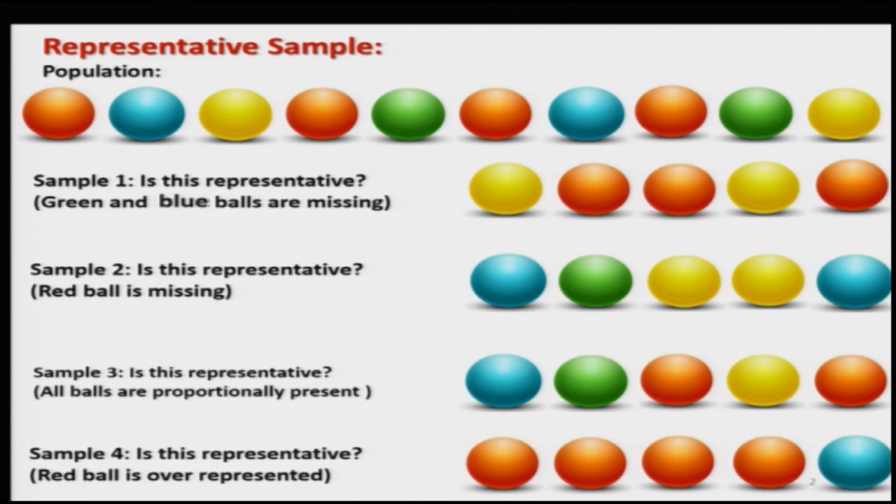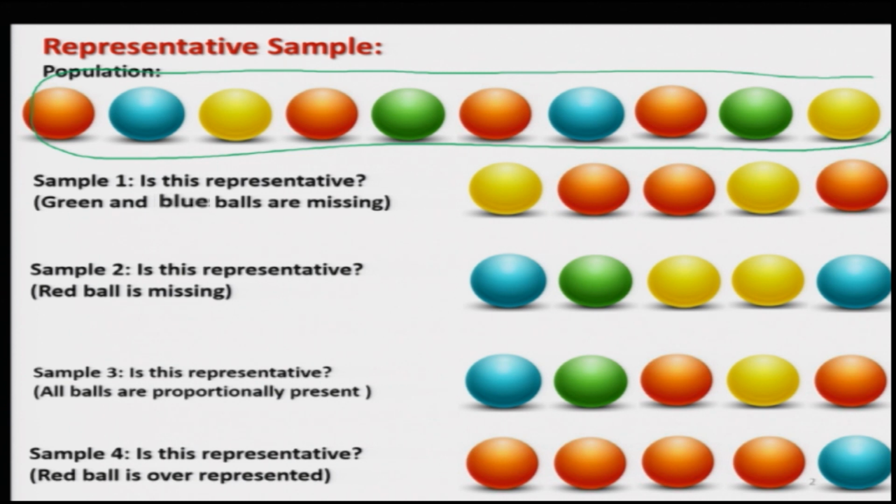Now let us start this discussion. On the last turn we had talked about representative sample, so now I am taking a similar example. Suppose I take a population of different colors of balls, say 1, 2, 3, 4, 5, 6, 7, 8, 9, 10. Now remember one thing, when I am selecting these balls, this is my population, so obviously this is not a sampling frame.